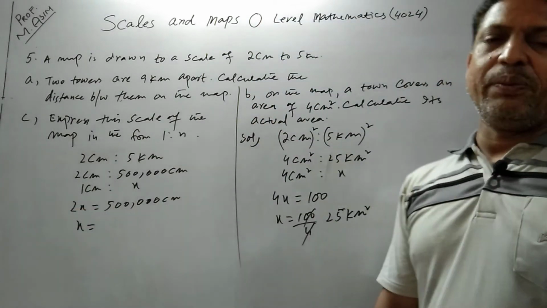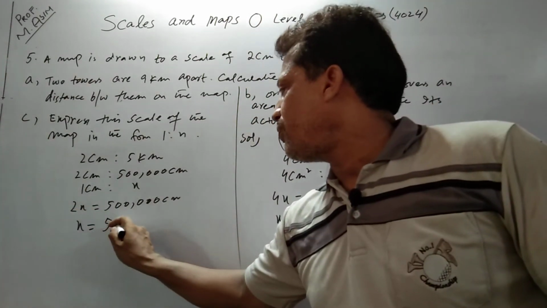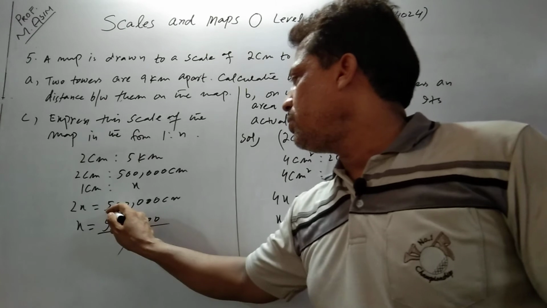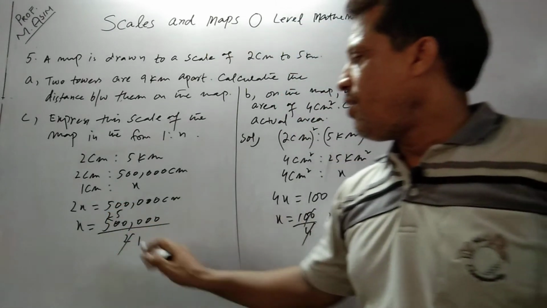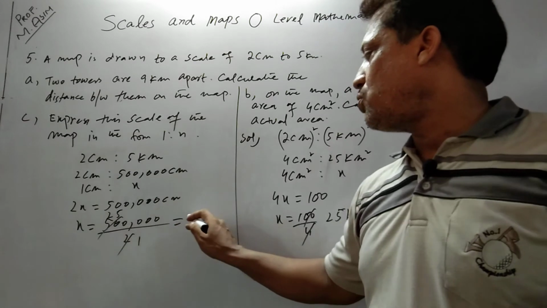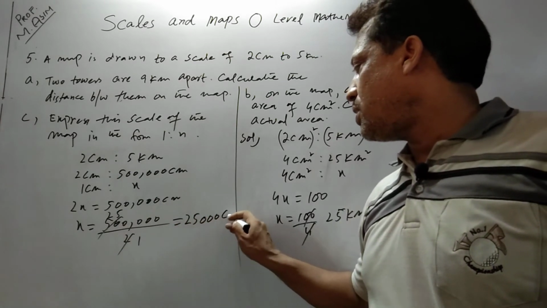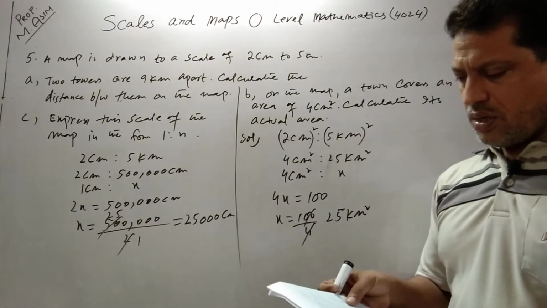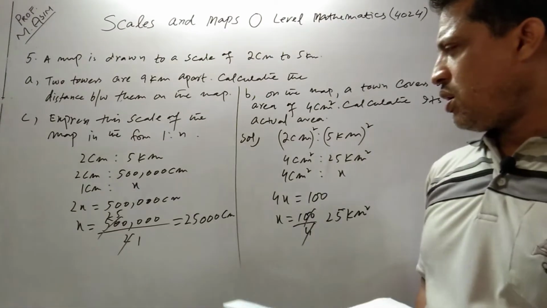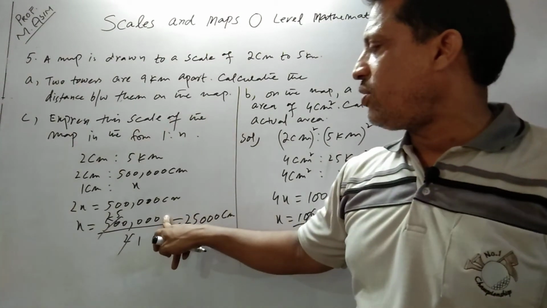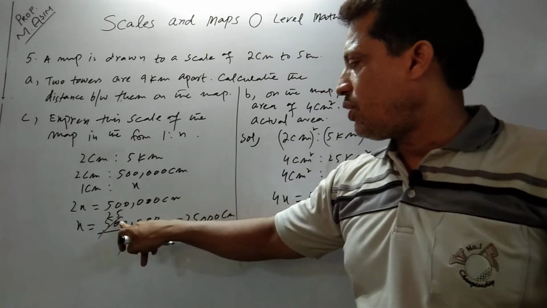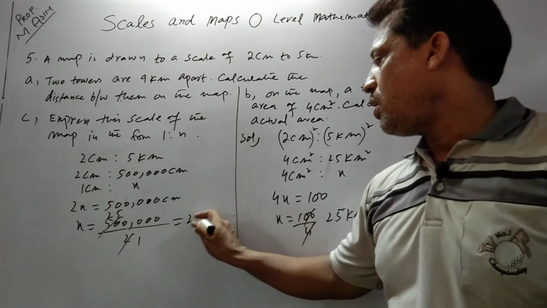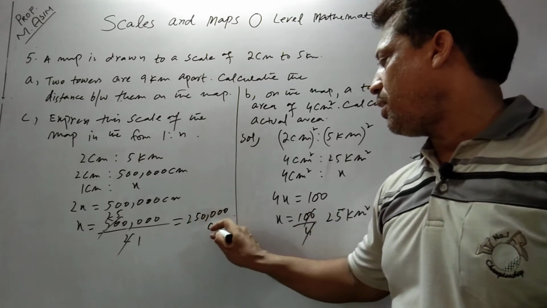This 2 is multiplied, so it should be divided on the other side. So 500,000 upon 2. 2 5s are 10, 2 25s are 50. So our answer is 250,000 centimeter.